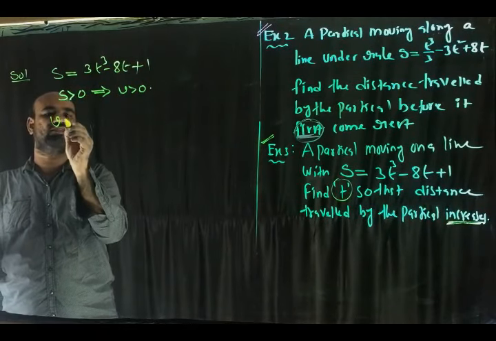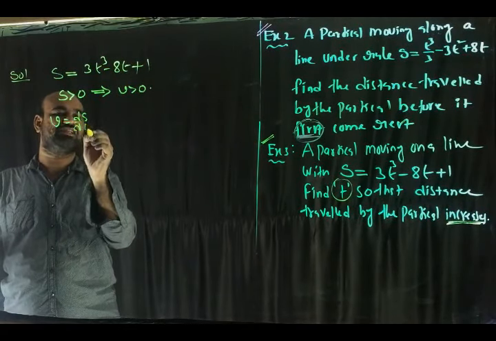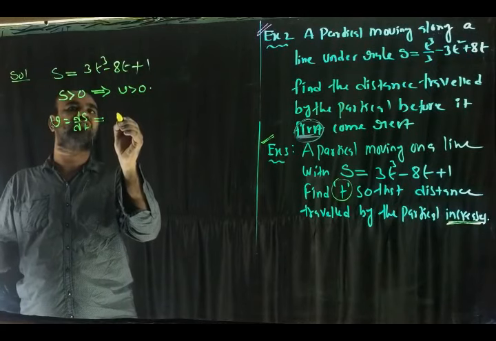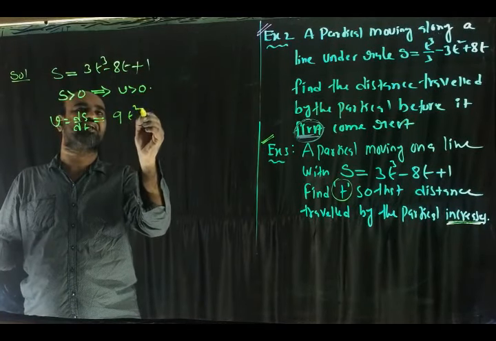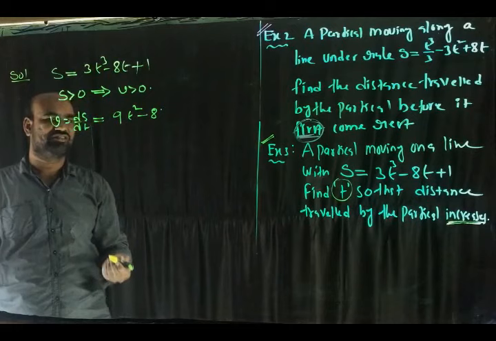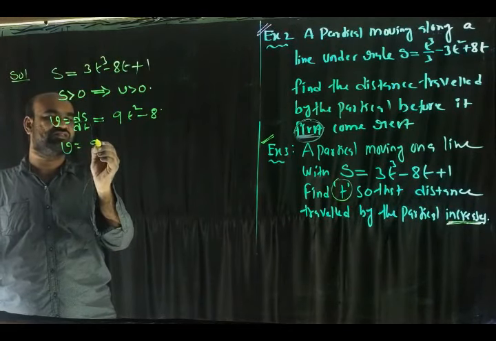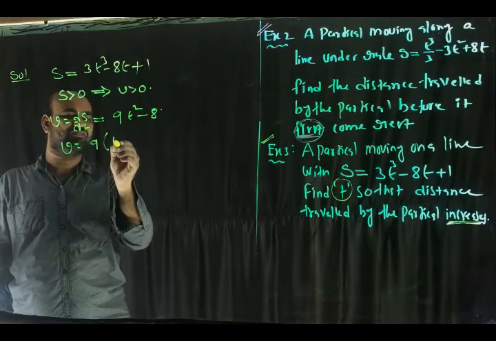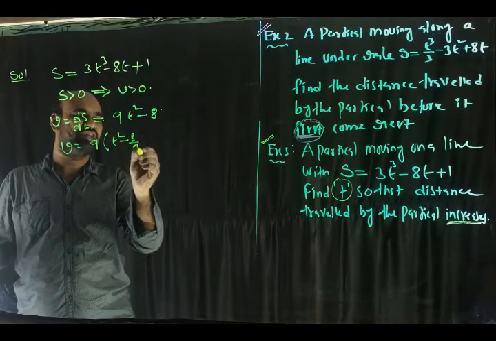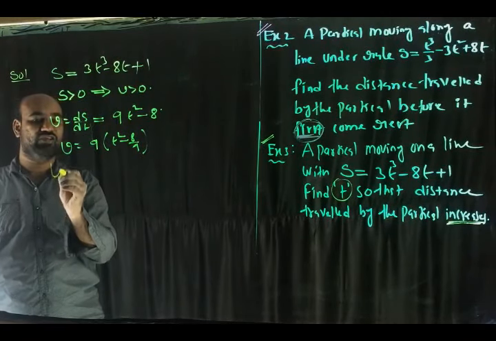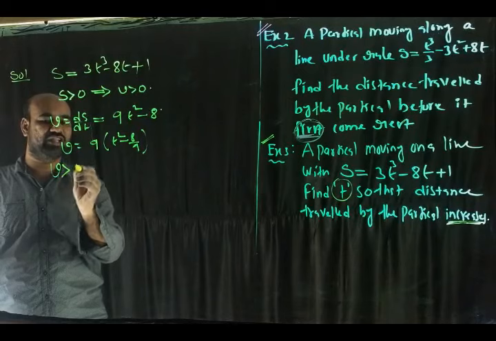V equal to ds by dt, that is equal to 9t square minus 8. So V equal to 9 times t square minus 8 by 9. We want to find the value of t so that V is greater than 0.